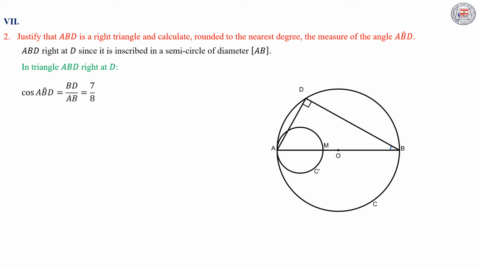Cosine of the angle ABD equals BD over AB, the adjacent over the hypotenuse, equals 7 over 8. Then ABD equals cosine minus 1 of 7 over 8, and rounded to the nearest degree, we get ABD equals 29 degrees.